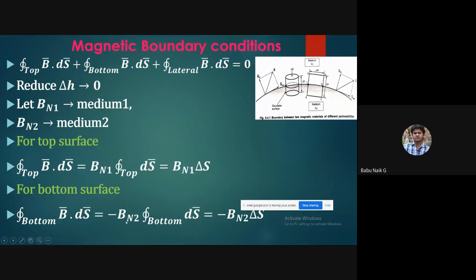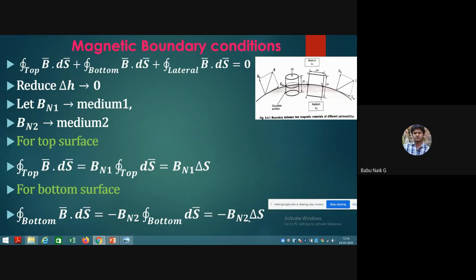So Bn2 is considered negative here because it is opposite. Bn2 is also constant everywhere on the boundary condition, so you can take it out of the integration. Then the bottom ds is the complete surface area, delta s. So the bottom surface gives minus Bn2, normal to the boundary, times delta s here.